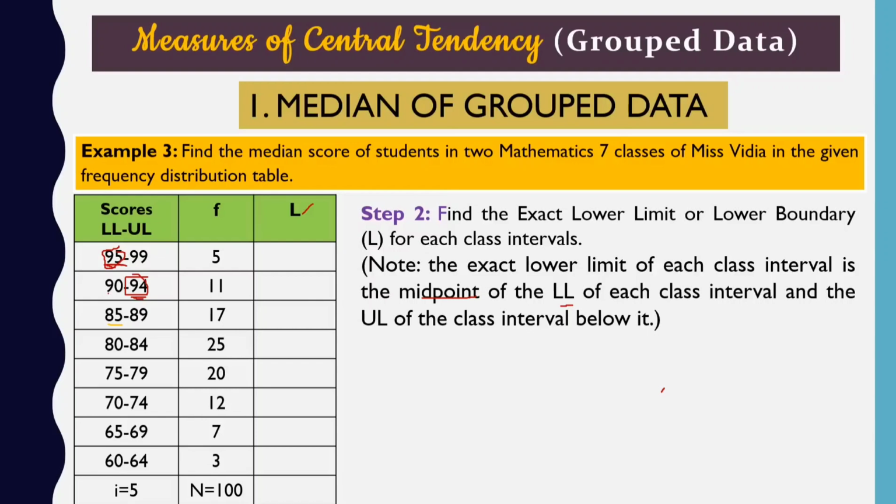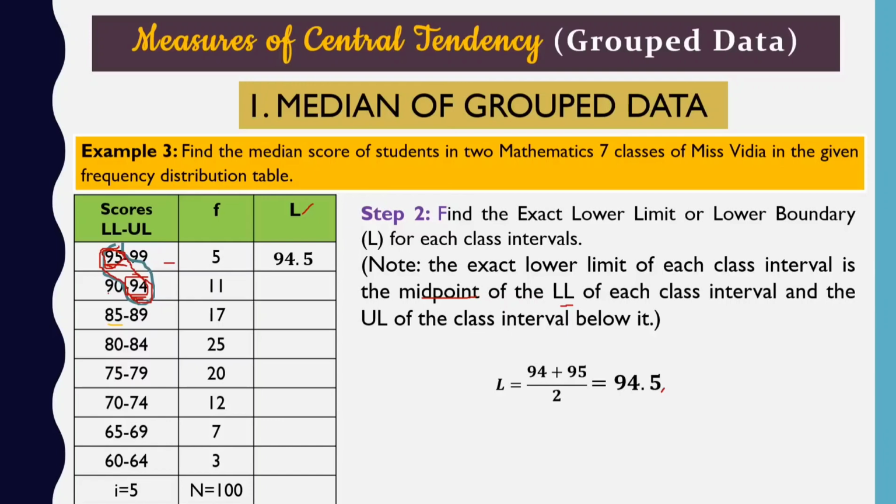In this case, we will get the average of these two, or the midpoint. So 95 plus 94 divided by 2 is equal to 94.5.